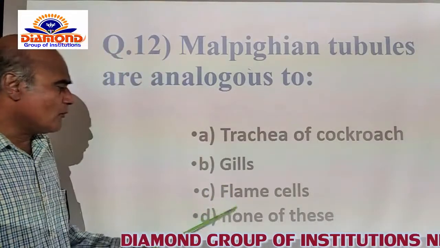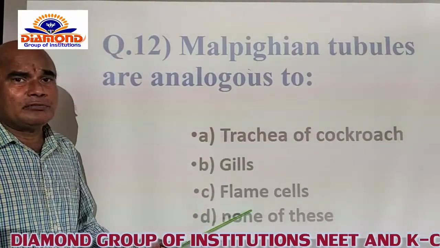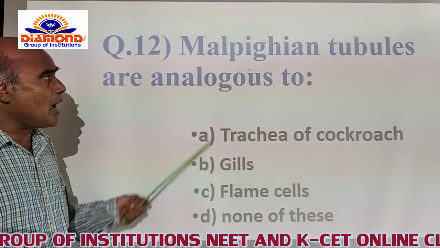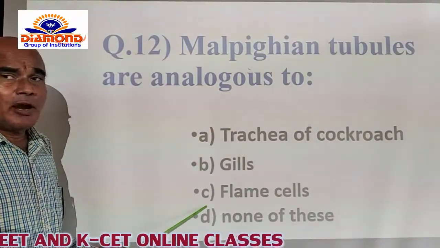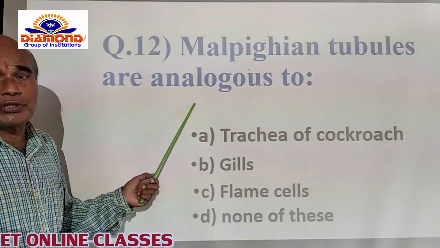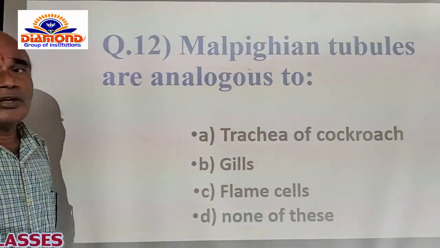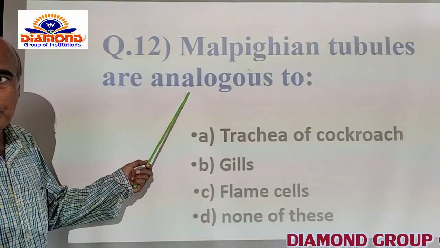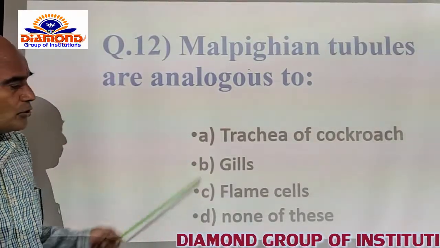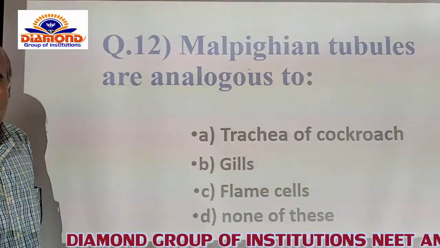That's why flame cells are included in option C, and they are analogous to the Malpighian tubules of the cockroach. D is none of these. So C is the correct option.